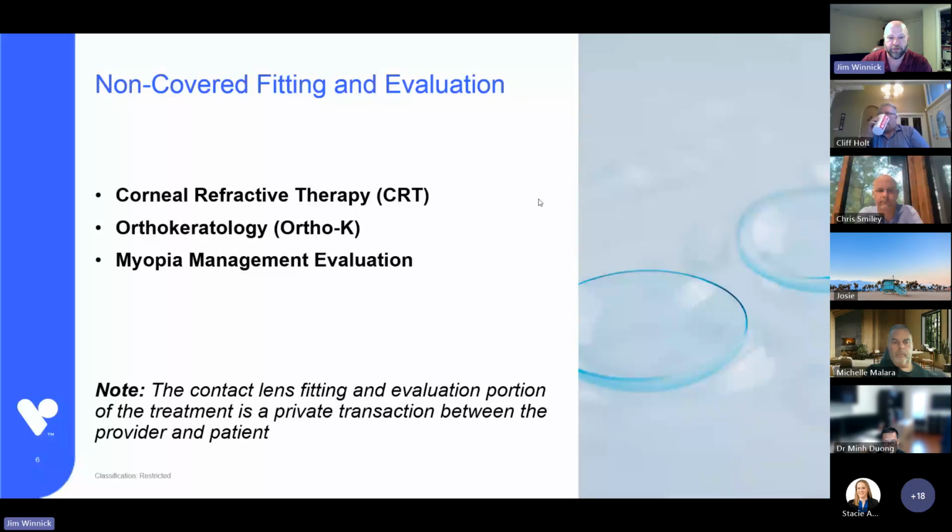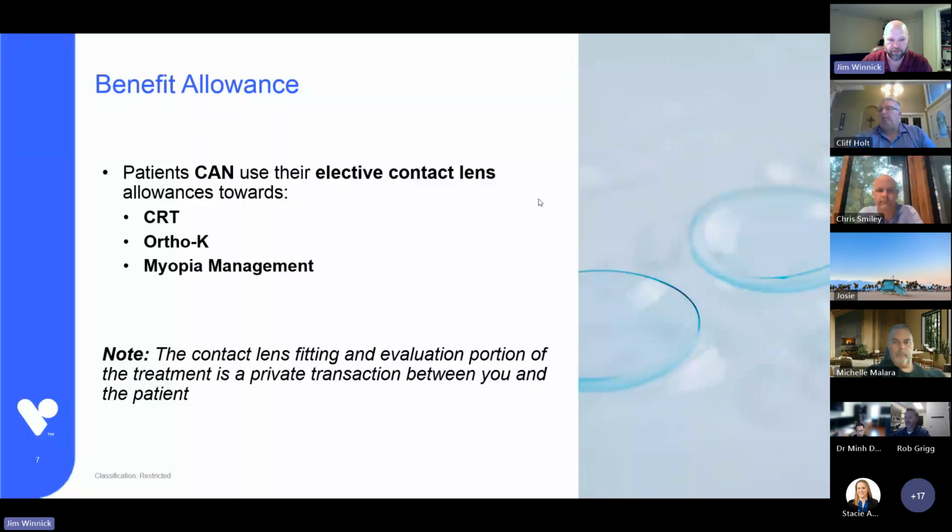However, a lot of doctors don't realize that you can use their elective contact lens material allowance toward these benefits. So many doctors just think, okay, you can't touch VSP plans for these particular types of fits, and that's true for the professional side, but you can use their material allowances. So that might be a pearl right there for some of you.